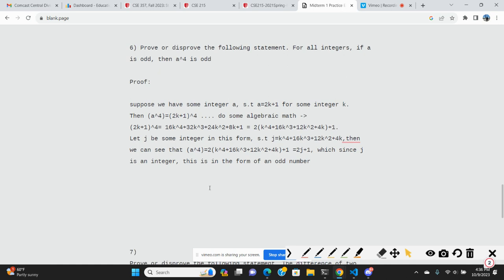So then we can conclude that a to the fourth is indeed an odd number. So that would be how you would prove it by direct proof by construction.